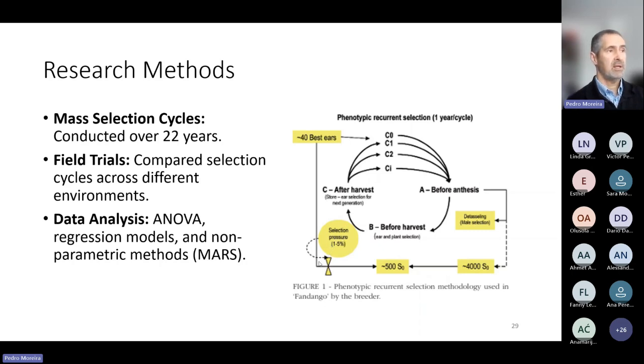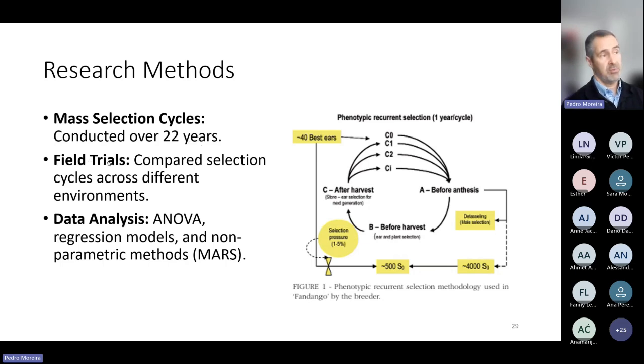And from this, we obtain the 40 best ears for the next season. You have here the recurrent selection by mass selection, C0, C1, C2, etc. This mass selection was conducted over 22 years.